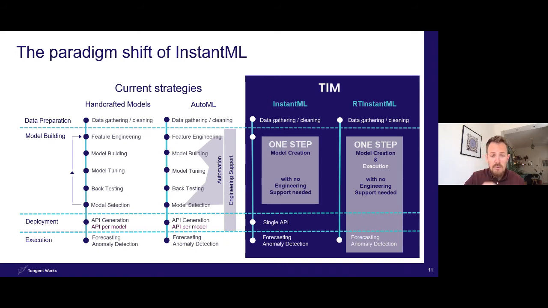So the second column, it's about AutoML, and maybe some of you have heard about AutoML. It's a big hype in the past few years. AutoML are platforms usually like Data Robot or Azure Machine Learning, and a lot of the big vendors from SAP to IBM, and also data platforms like Alteryx, they have an AutoML strategy and offering. But what happens with AutoML?